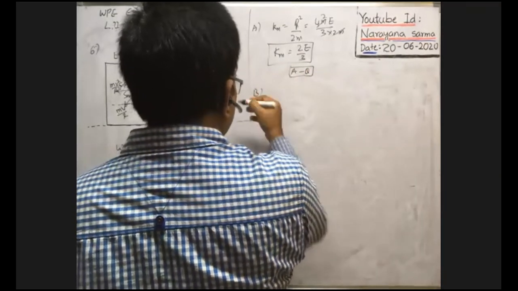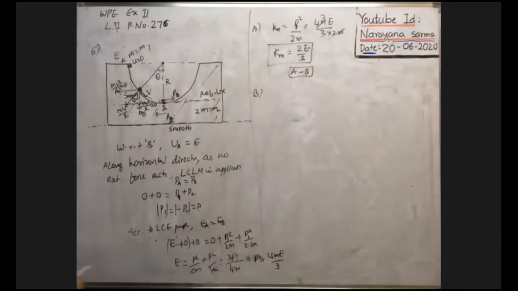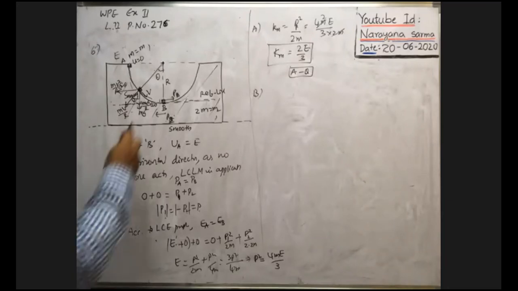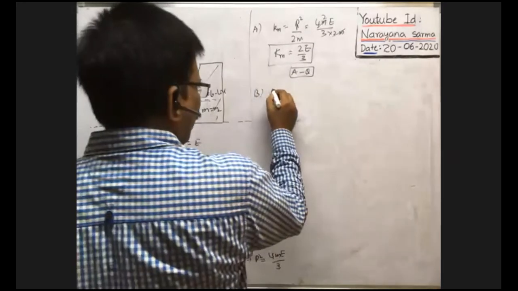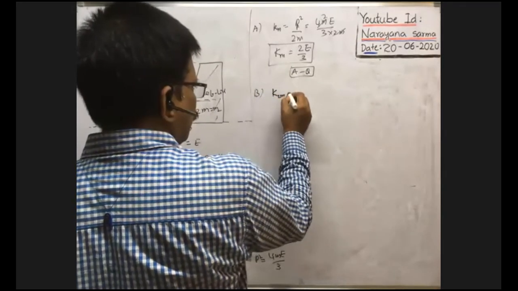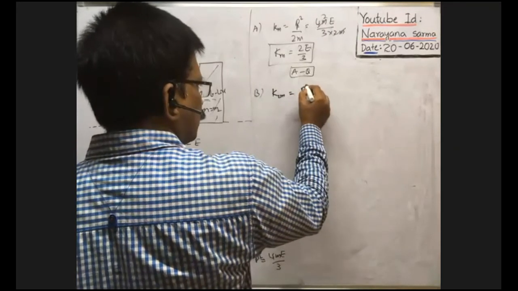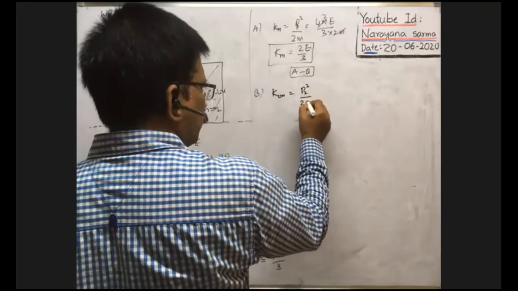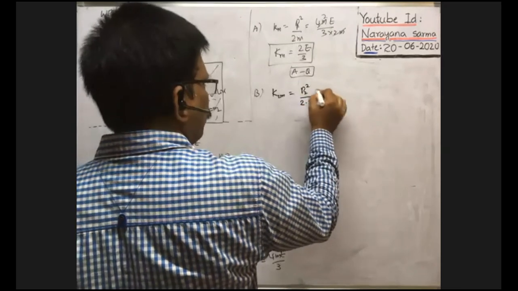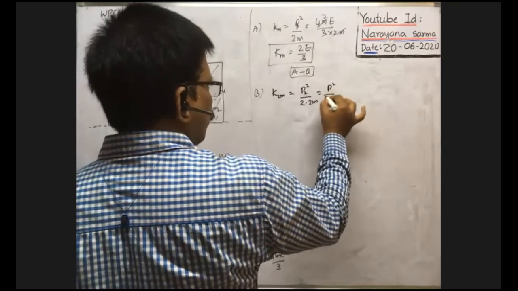Next B. For B, they asked kinetic energy of 2m. What is the kinetic energy of the 2m mass? 2m mass means the wedge. Kinetic energy of 2m is equal to momentum of the wedge P2 squared by 2 into mass of the wedge 2m. P2 is P only, so P squared by 4m.